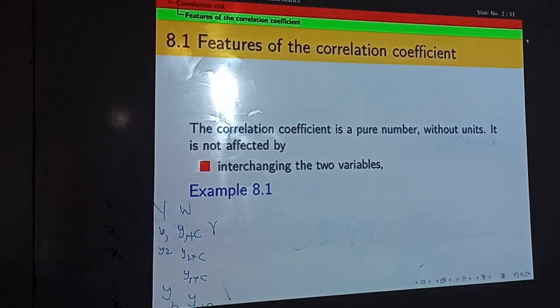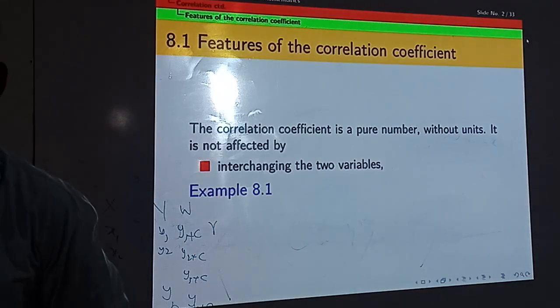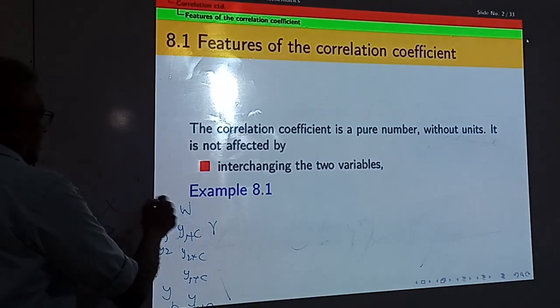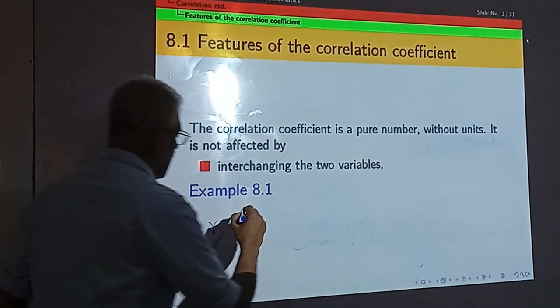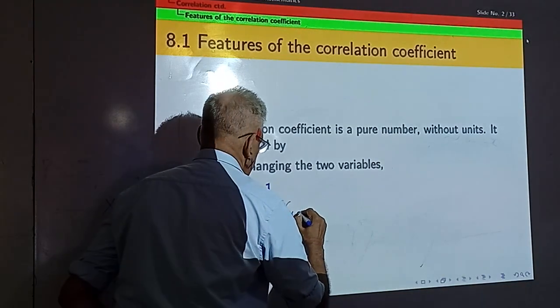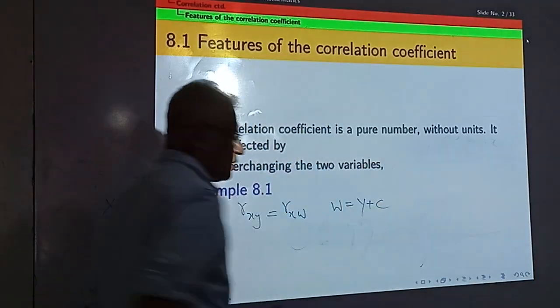If you calculate the correlation between x and w, it will be the same as the correlation between x and y. So r between x and y is the same as r between x and w when w is equal to y plus a constant.